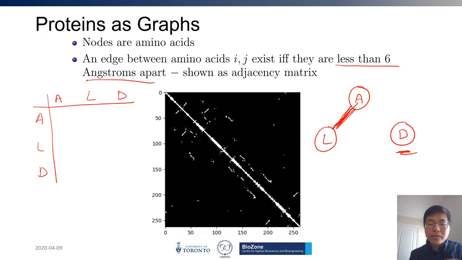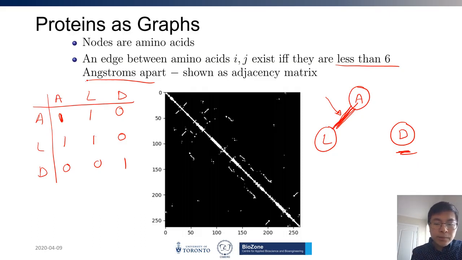Well, A is obviously less than 6 angstroms apart from A. So I guess you could just say A and A have an edge between them, but that's up for debate. They're not really interacting, they're the same thing. But here, A and L share an edge. So you put a 1 for both of these entries. But A and D and L and D don't have edges. So we put a 0. So that's an adjacency matrix.